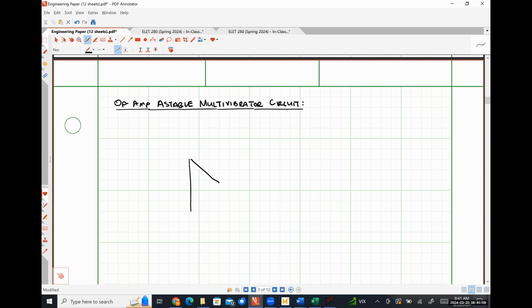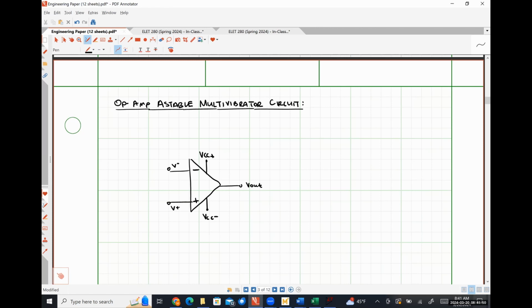Let's draw things out here. So I'm choosing to put my non-inverting input terminal on top. I'm still going to draw VCC plus up here and VCC minus down here. Here's my inverting input voltage, my non-inverting input voltage.